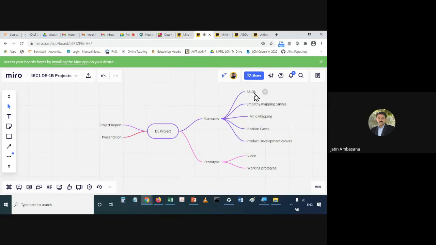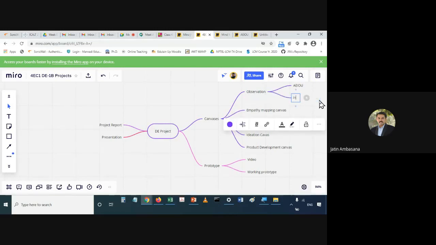So you do your AEIOU canvas, observation canvas basically, right? This is the observation canvas. In observation, you do basically AEIOU, or you may do role playing, or you may do interviews, right?